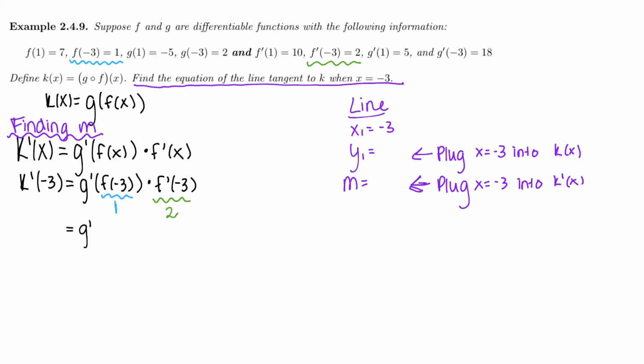So I have g prime of 1 times 2. g prime of 1 is 5. So I have 5 times 2. This is 10. So k prime of -3 is 10, which is our slope, m.